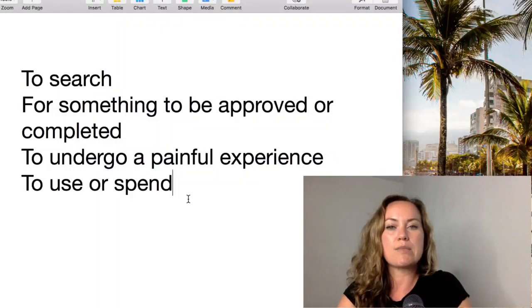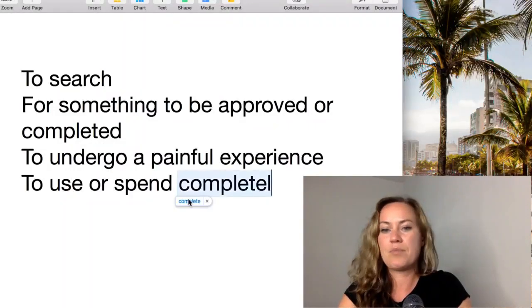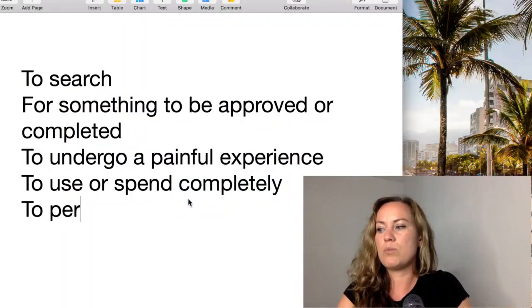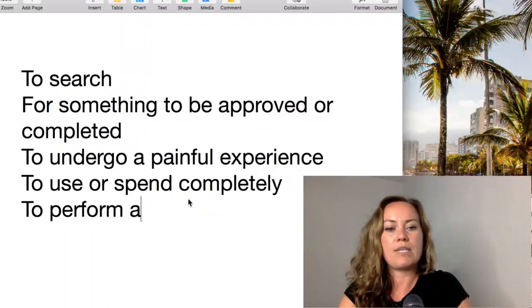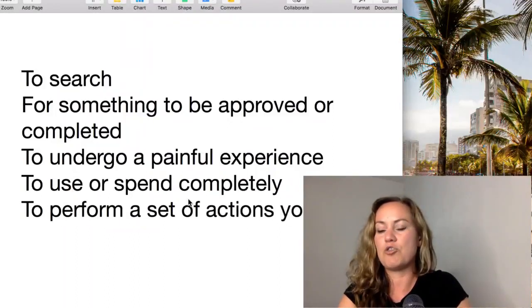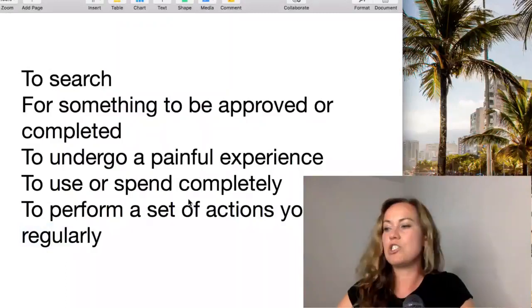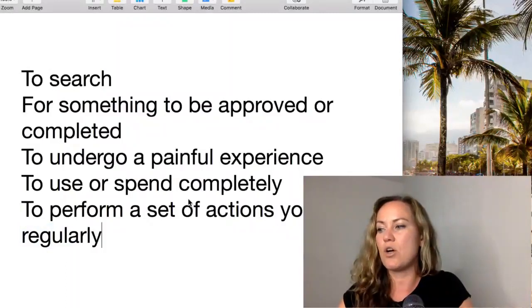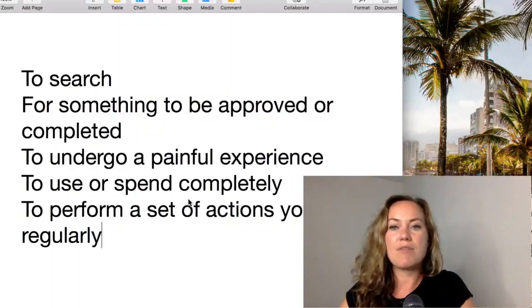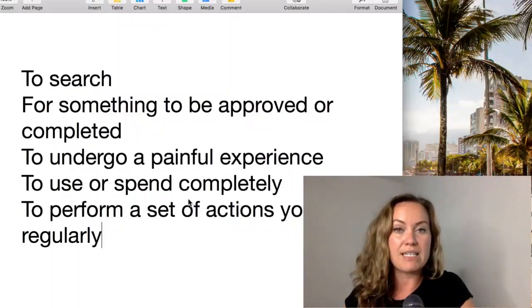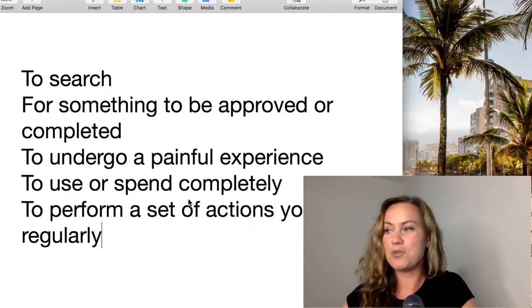To use or spend completely. To perform a set of actions you do regularly. Just realized I didn't mention that one. So let's make sure I've gone through all of the meanings of to go through.